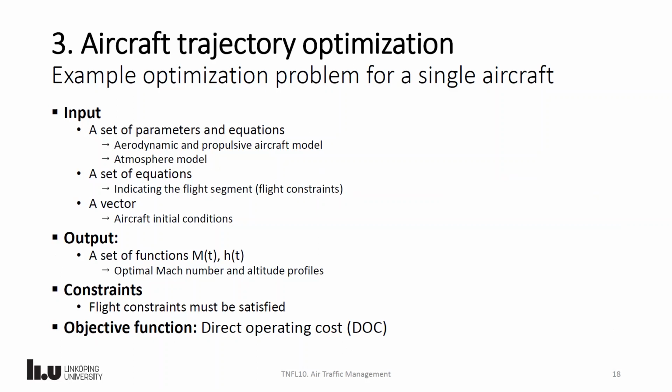The output of our problem could be anything you can imagine, but for this particular example, the output could be a set of functions depending on time, which are the optimal Mach number and the optimal altitude profiles. The flight constraints must be satisfied, which are this one over here, and the objective function could be, for example, the direct operating cost.